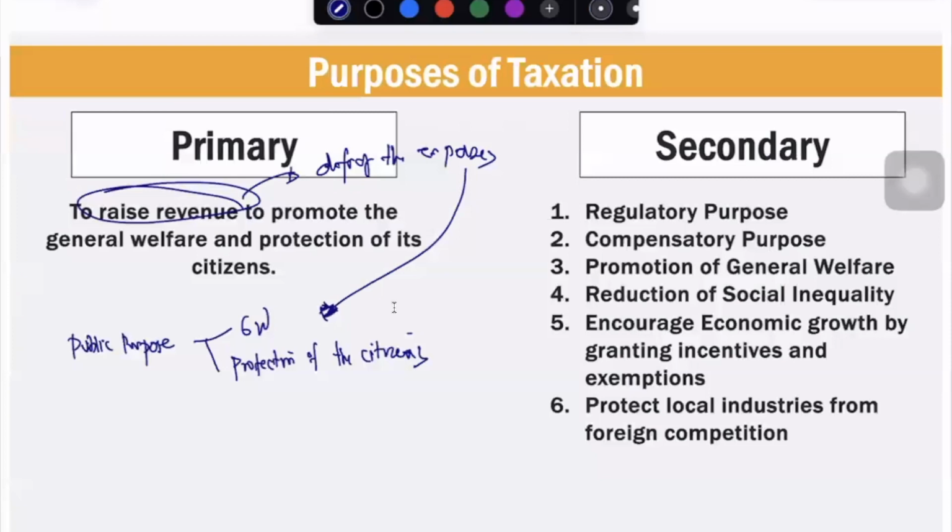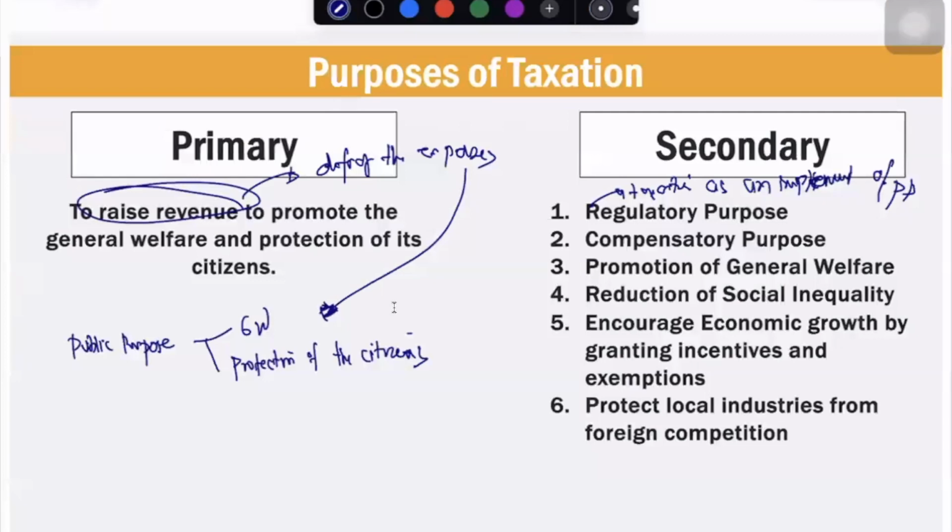Because again, you can use taxation as an implement of the police power. In short, we can use taxation for purposes of regulation.